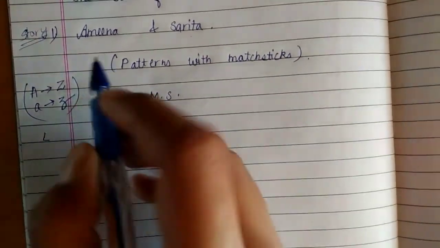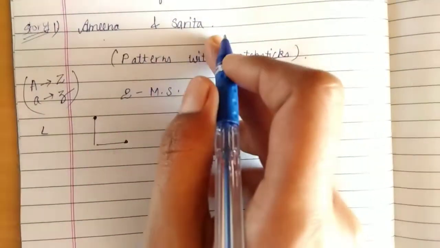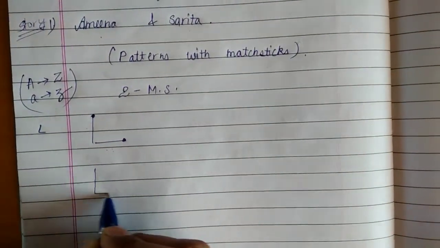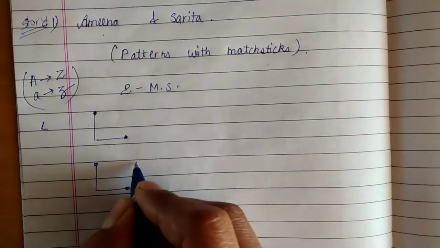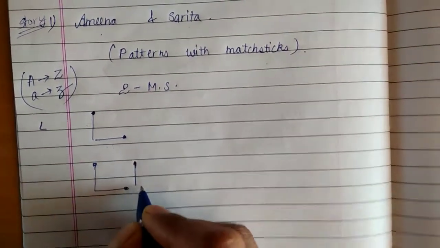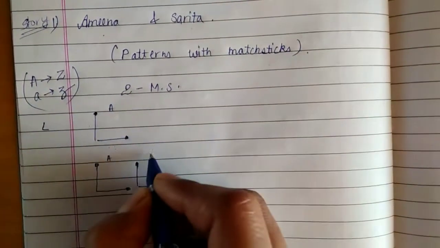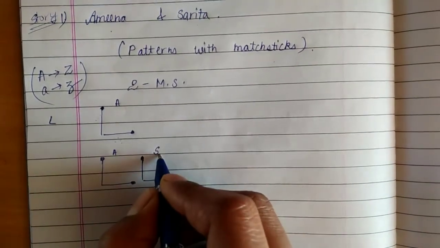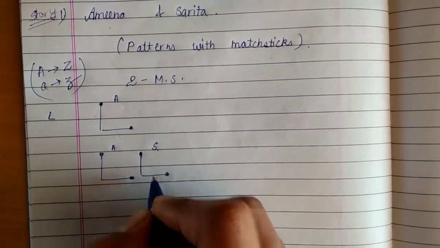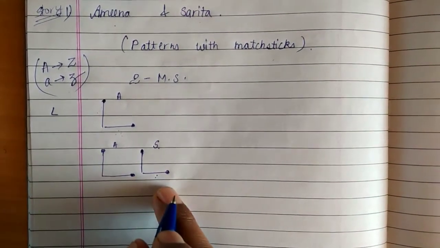Amina first makes the first L. Then Sarita comes and puts 2 matchsticks after the first one. This is made by Amina and Sarita comes after Amina and puts one more L using 2 matchsticks.